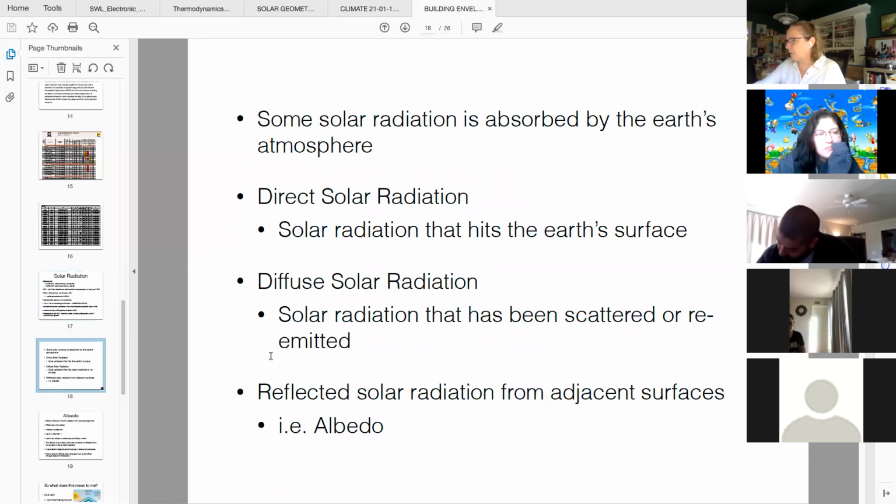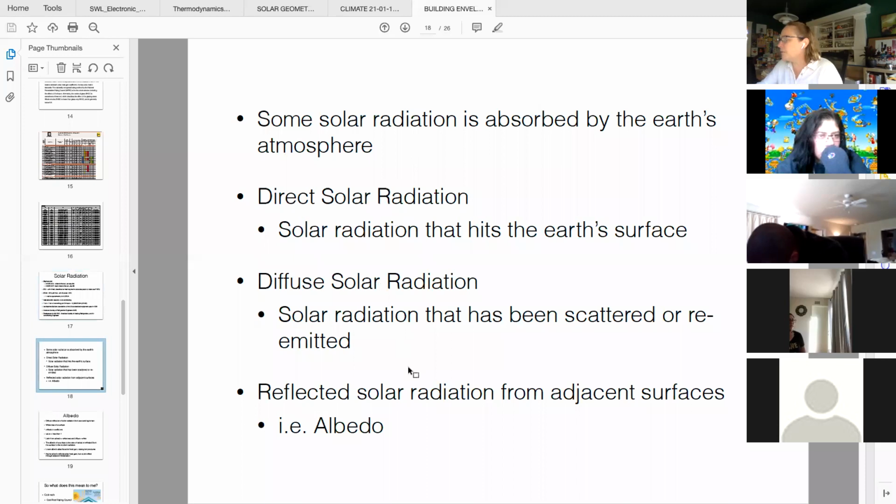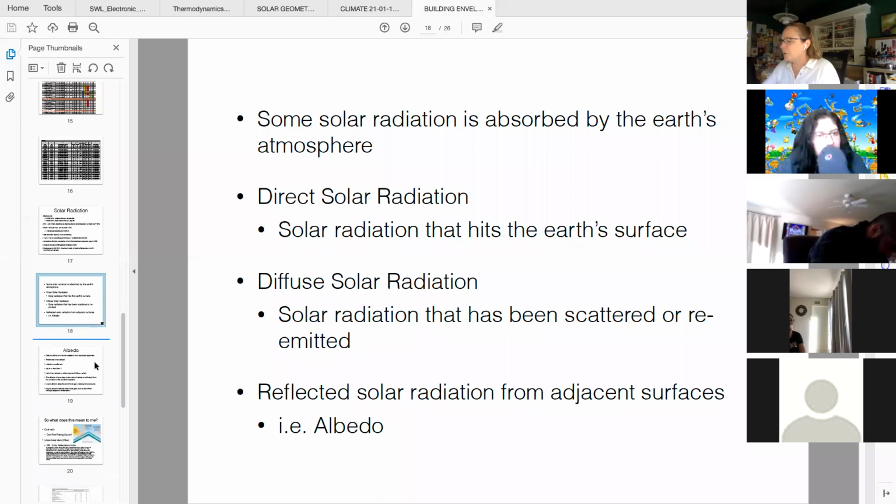Okay, so that solar radiation that's hitting the Earth, which is 444 BTUs per hour per square foot in January, has different things happen to it once it hits the atmosphere. We get direct solar radiation and we get diffuse solar radiation.